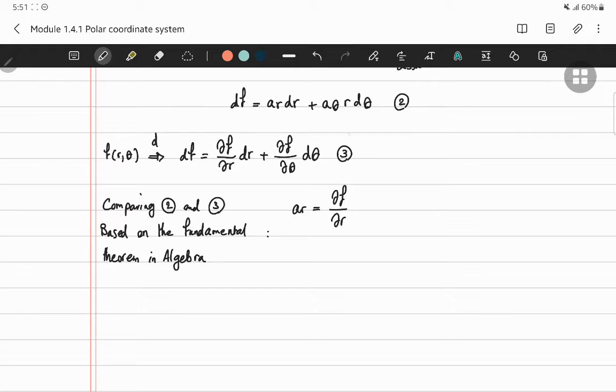And we have here d theta, d theta. So A theta r is equal to the partial derivative of f with respect to theta.